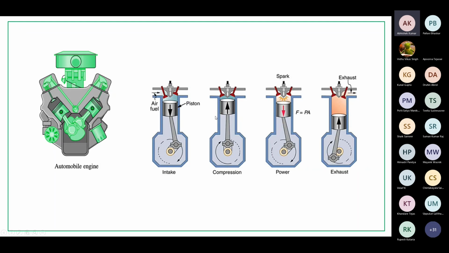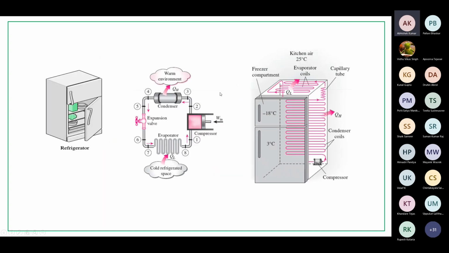What is happening here? This is your suction stroke. At that time this valve is open, and whatever it is, air or an air-fuel mixture, comes inside. When the piston is moving up, this valve is closed. Here both valves are closed.